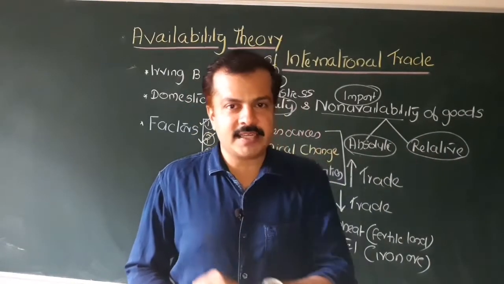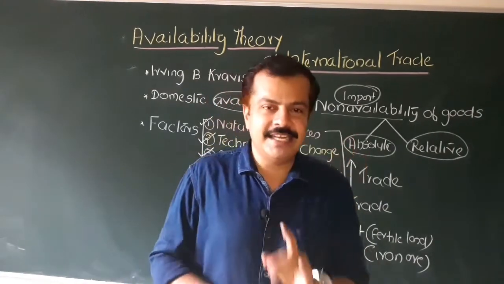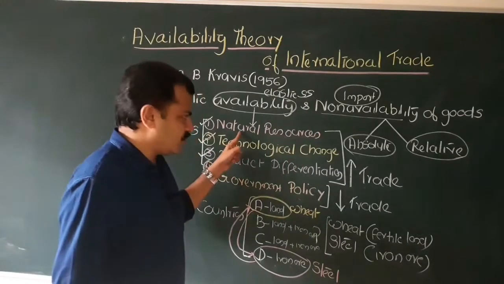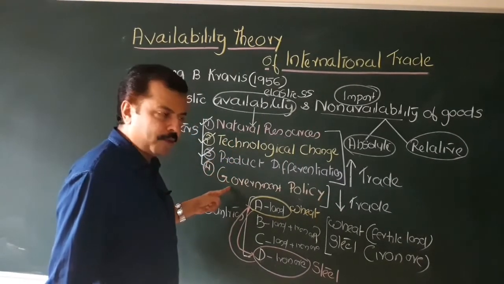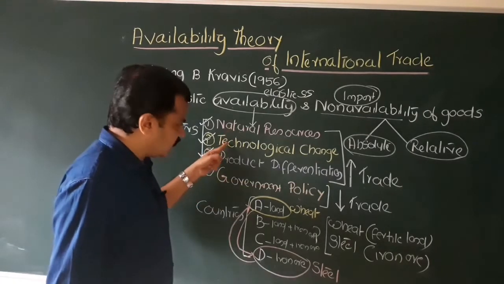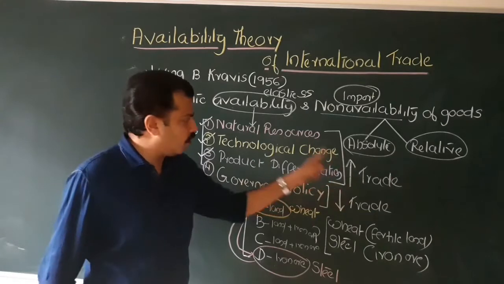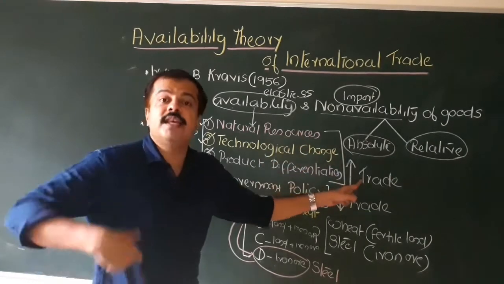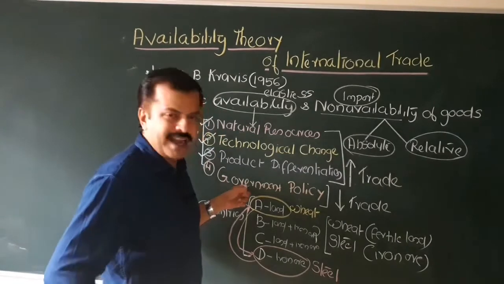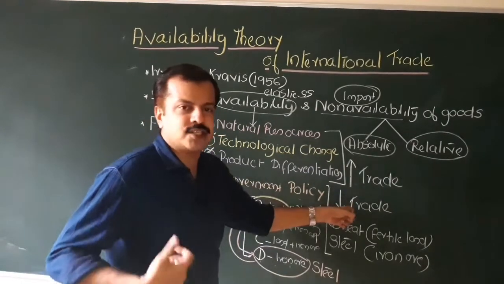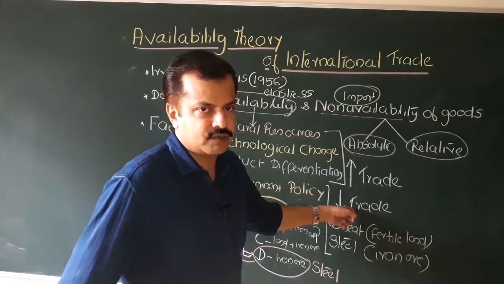And there are 4 factors that influence the core issue, which is availability: natural resources, technological change, product differentiation and government policy. The first 3 have a positive influence and tend to increase international trade, while government interference, the last factor, has a negative effect on international trade.